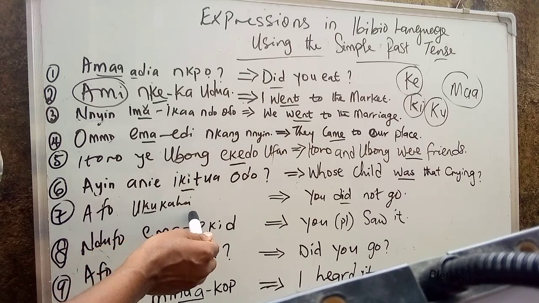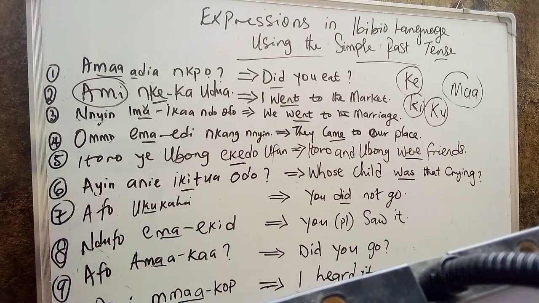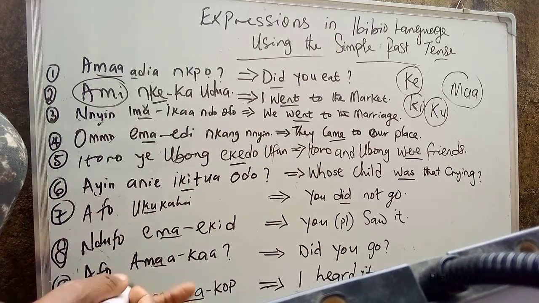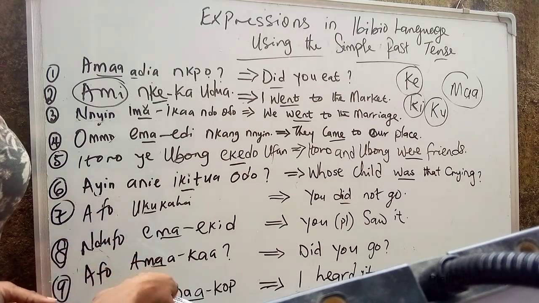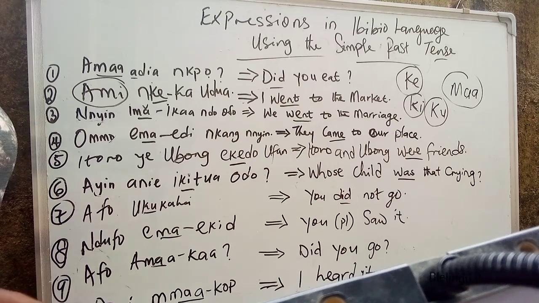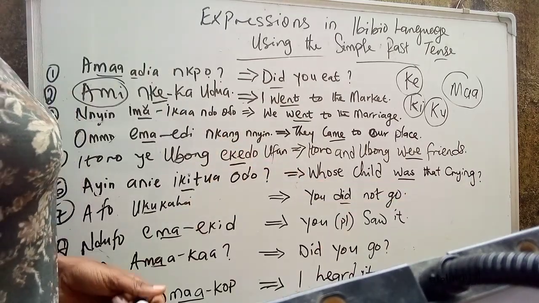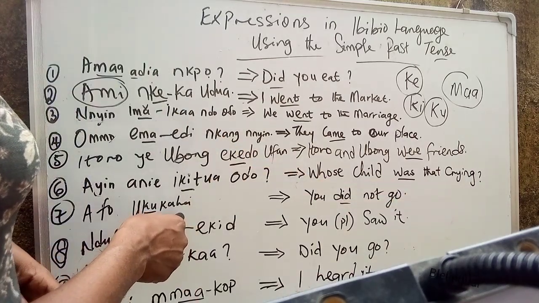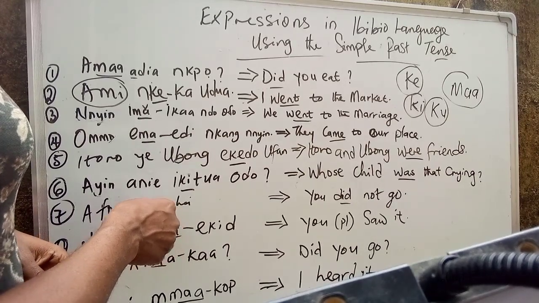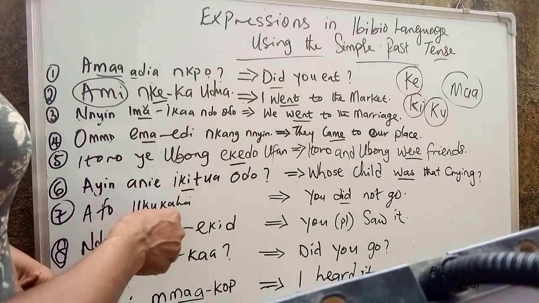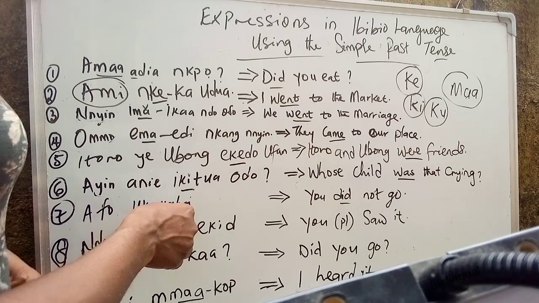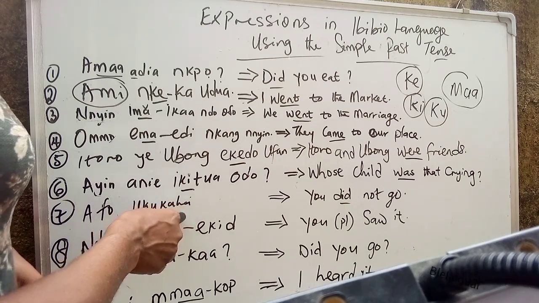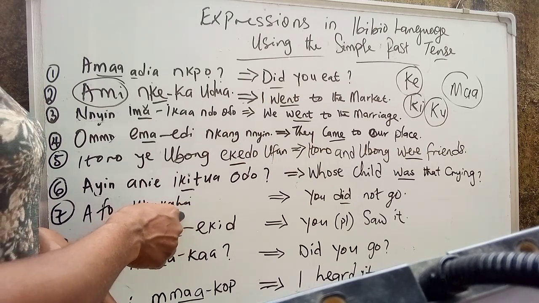So the next example we have is Afo ukukara. This is like a question, but somehow it's also like a sentence. Afo ukukara. So it means you did not go. So ka here is the verb, the root verb to go. All right. Then here is a negation. It stands for negation.